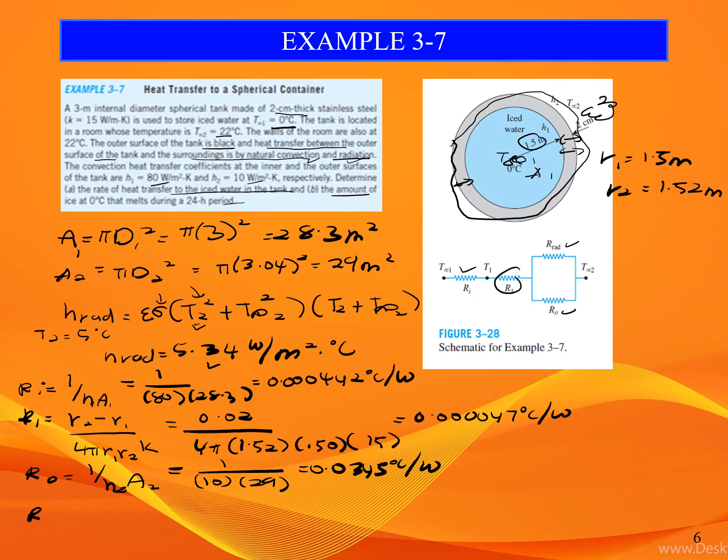So our radiation resistance is equal to 1 over H rad times A2. So 1 over 5.34 times 29. The answer would be 0.00646 degree C over watt.